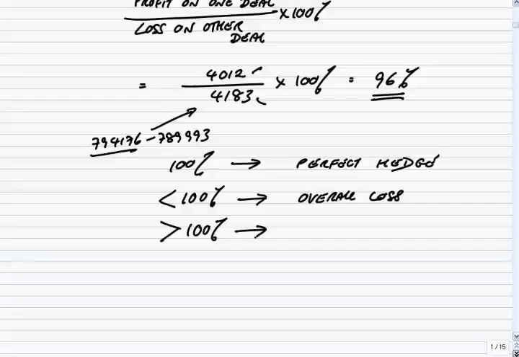If it was more than 100%, you'd have ended up with an overall gain. So, a small point. It's the main example that's much more important. But I mention it just in case it happens to be asked again.